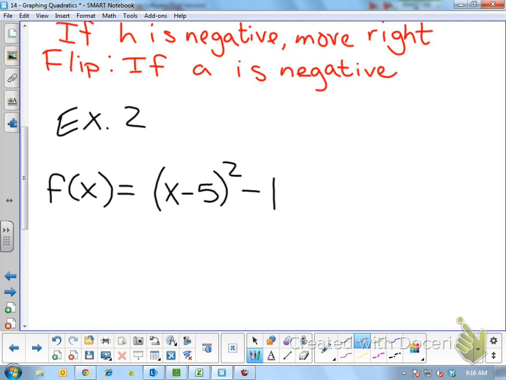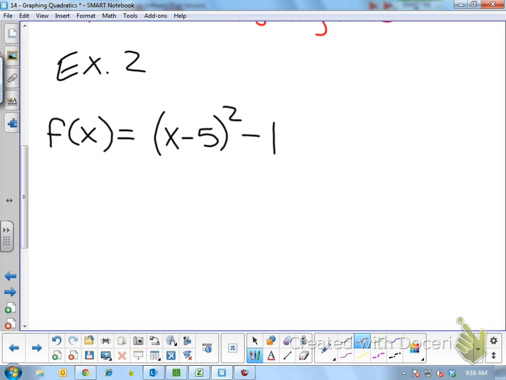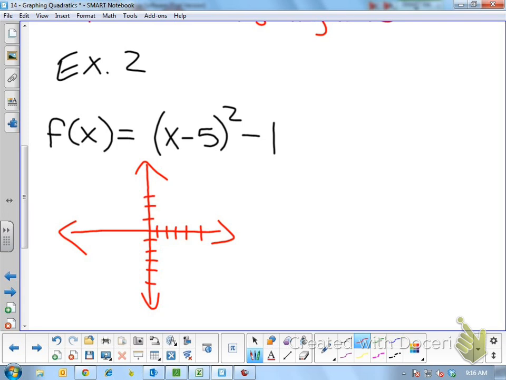So we draw our coordinate plane, or Cartesian plane. You can call it either. And I want you to actually label the information we need. We're not just going to graph it. I want you to tell me, what is the horizontal shift?